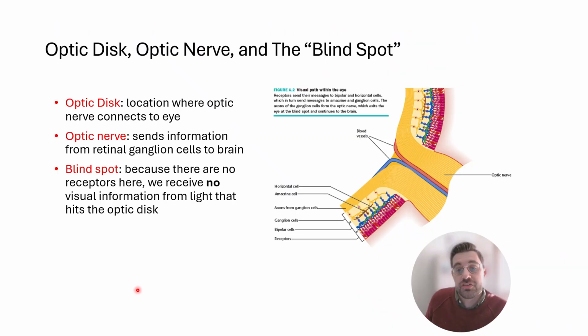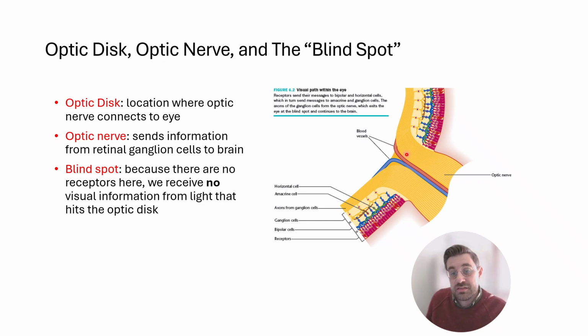A couple other features of the retina include the optic nerve, which is going to come out the back. That optic nerve that comes out of the back of your eye and then is going to project back to your occipital lobe, eventually connect to a couple other things, including the thalamus. That optic nerve is this band of neurons that come from the retinal ganglion cells.